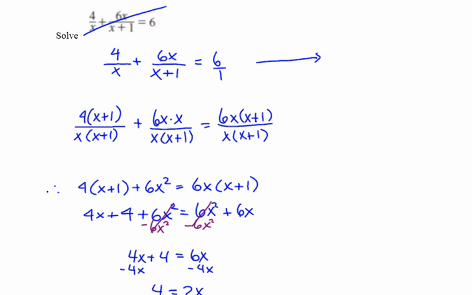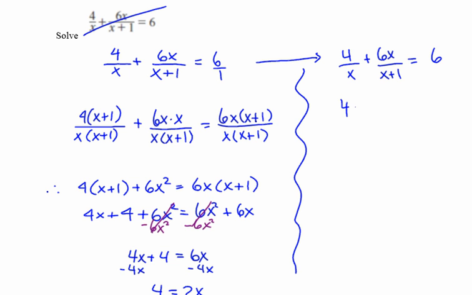Two more ways to show you how to do this. Another way is to add the two together, and then we can cross multiply. So here, I'm just going to add those two together so that we have a ratio equaling a ratio. So here, this is missing x plus 1, and this guy's missing an x.